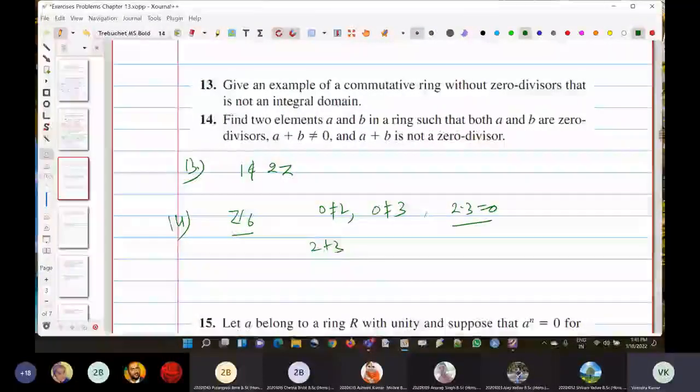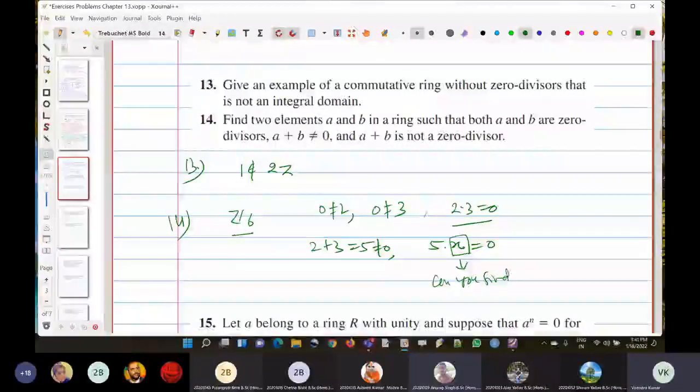But 2 plus 3 is 5, and this is non-zero. And you see that 5 times x equals 0. If you are writing here, then can you find any non-zero x such that their product is 0?